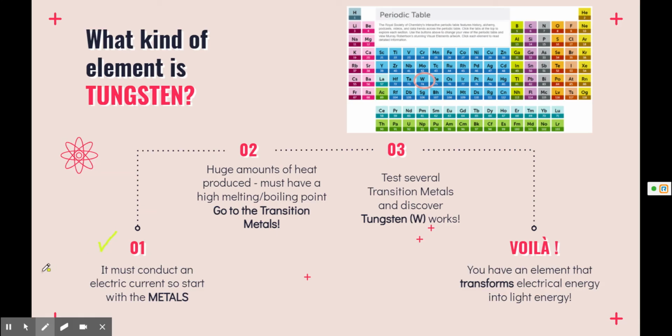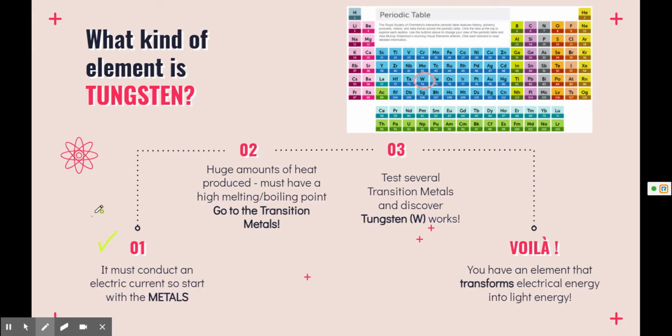First, it must conduct an electrical current, so we have to start with only metal elements. We can eliminate the metalloids and the nonmetals. We can also eliminate any of the radioactive elements. It must be a conductor of electricity, so we're only going to be considering metal elements.